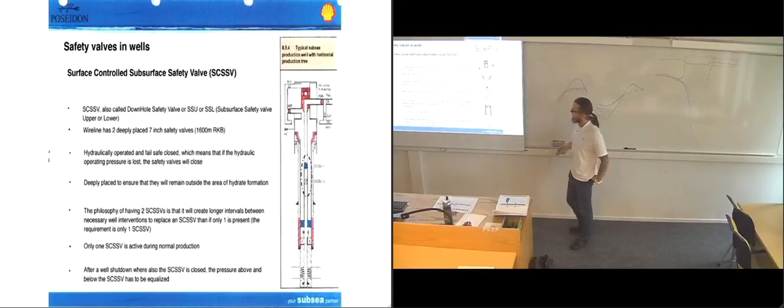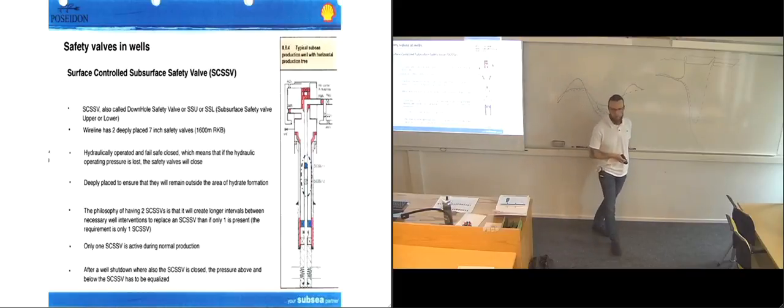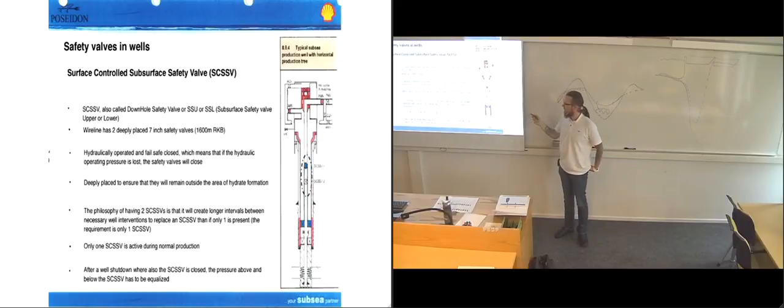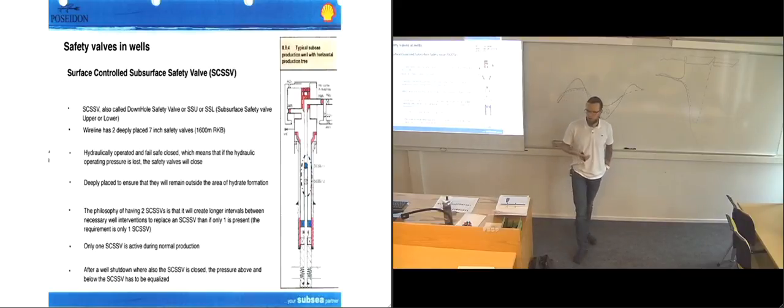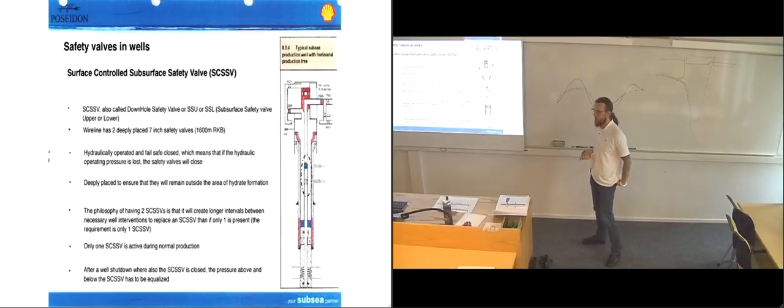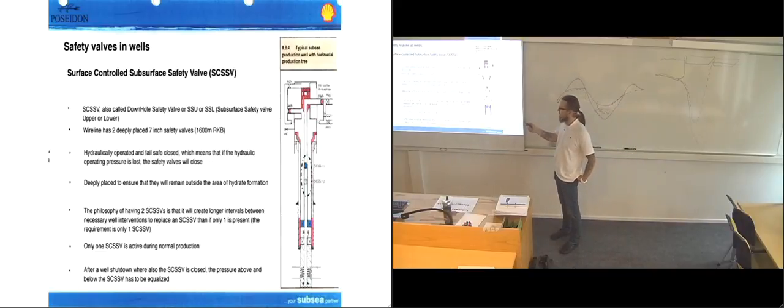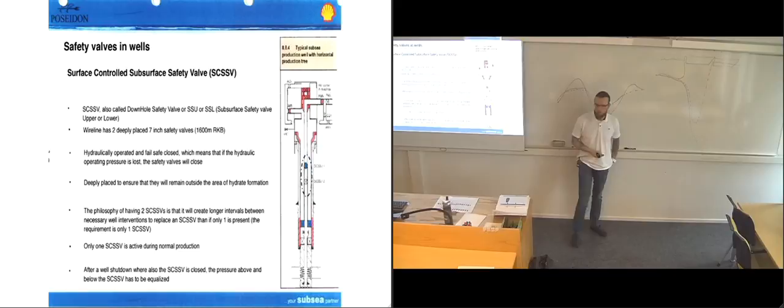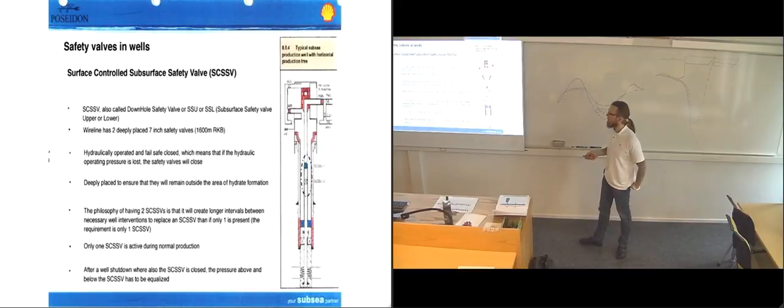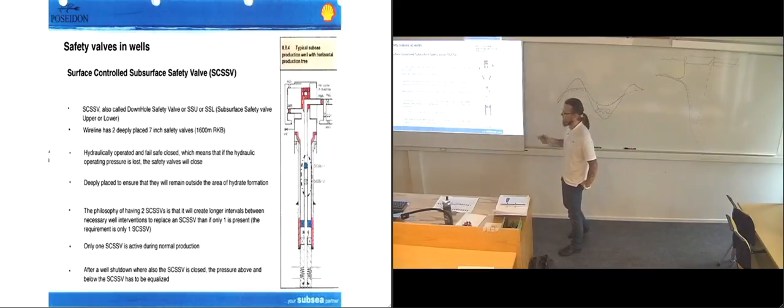So I'm guessing that when they need to close these, they are utilizing the top one primarily, and then if they need to exchange it because there is some problem with it, they can actually close off the lower one and keep the safety valve closed while they are doing work on the other safety valve.